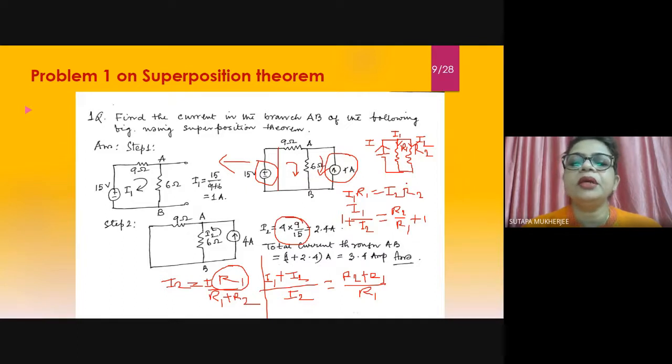No problem. But because our motto here is to apply the superposition theorem, we apply it to get the current. Basically, whichever theorem or KCL or KVL, my motto is to get the response, current or voltage, through a branch of the circuit.